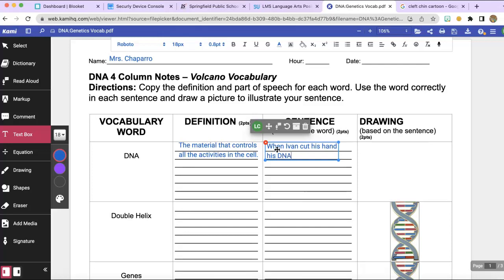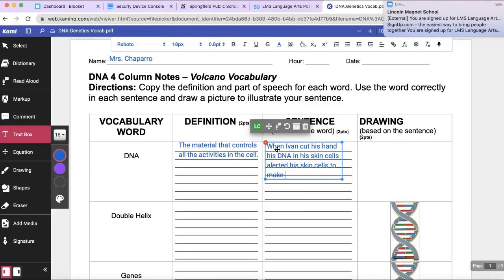His DNA in his skin cells, we'll use a fancy word, alerted his skin cells to make more skin cells.